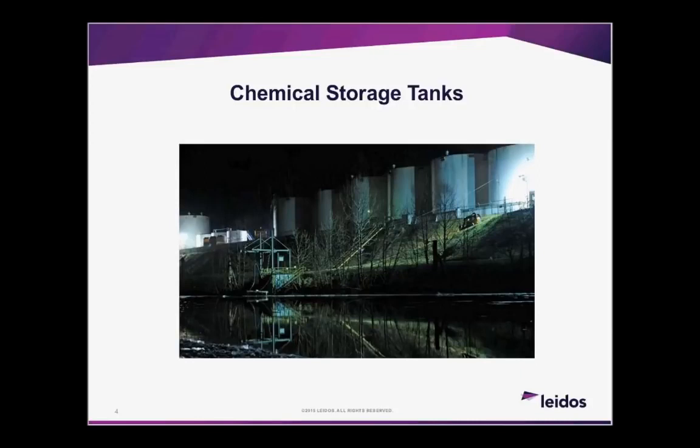That material then leaked from the containment area into the ground and then traveled into the Elk River. In this picture you see the location of the tank facilities and the proximity to the Elk River system.